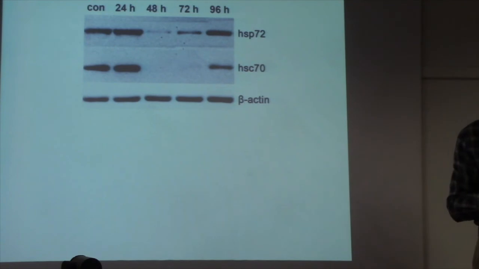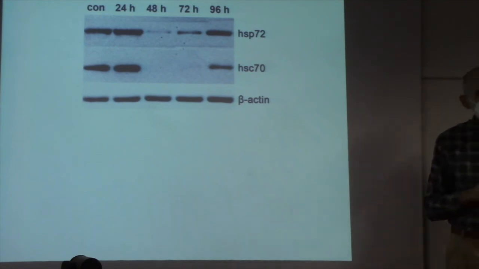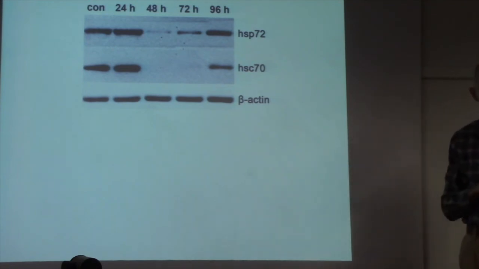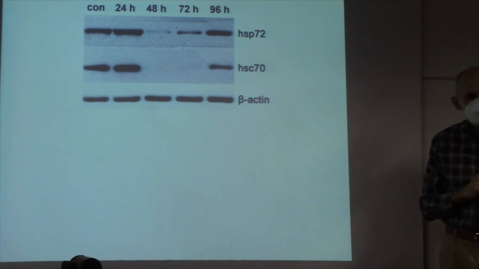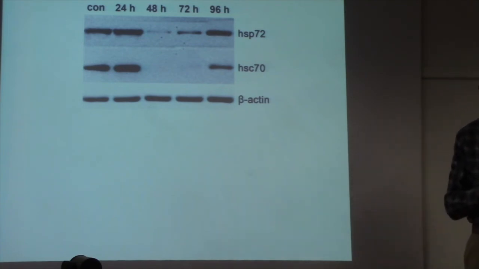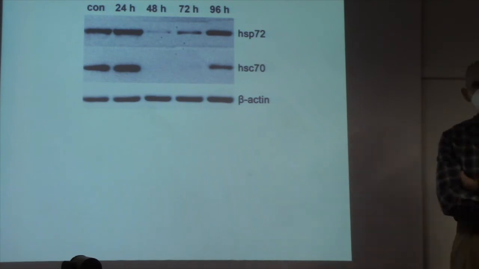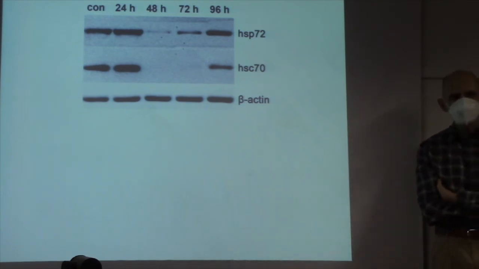So, we can do something better. How would you convert this into a relative quantitation? Now you have to have numbers. Any ideas?